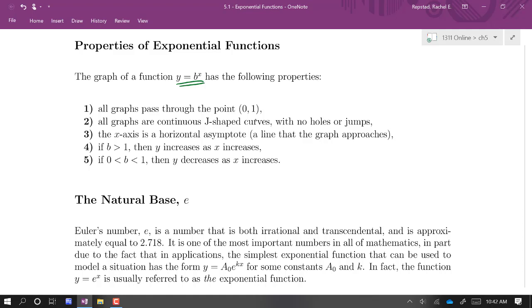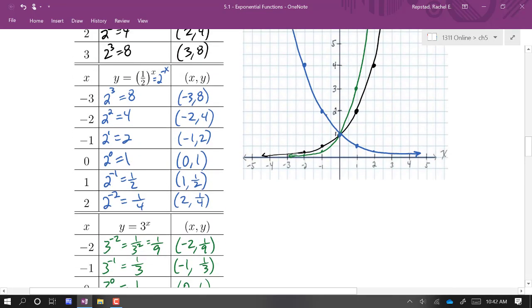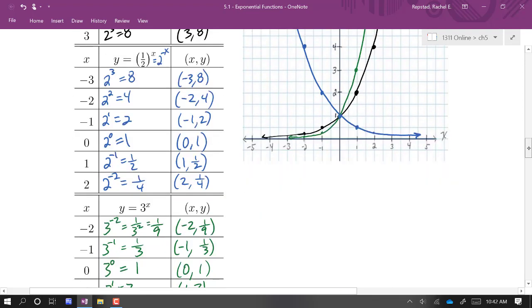No holes or jumps. The x-axis is a horizontal asymptote, and that asymptote just means it's a line that the graph approaches. Whether it's an exponential growth or an exponential decay, that graph approaches the x-axis as x moves larger in one direction or another.